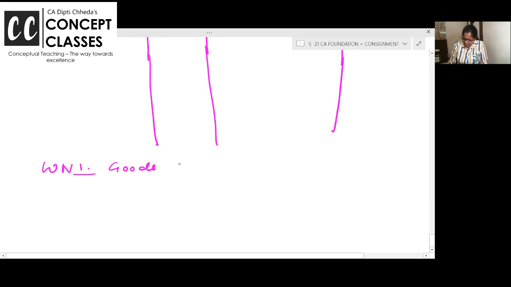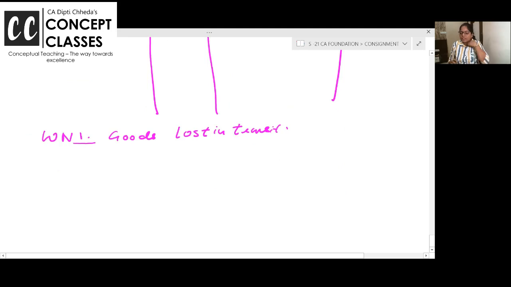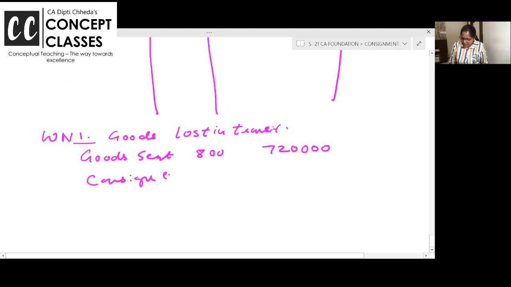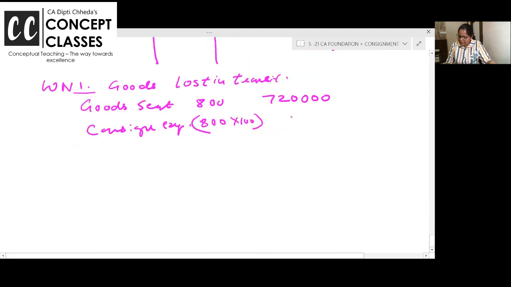Goods lost in transit. First, goods sent 800 packets, 7,20,000. Consignor's expenses. How much is the expense of the consignor? 100 into 800, correct? 80,000.